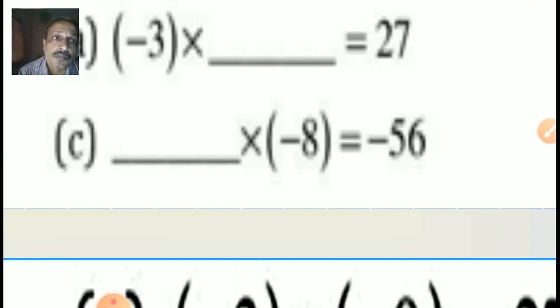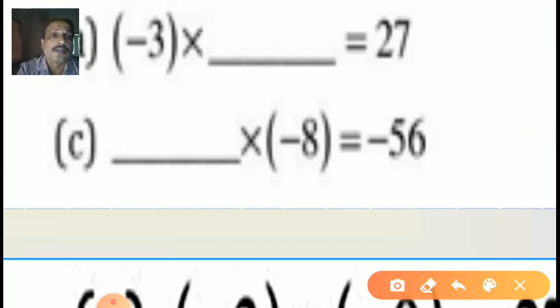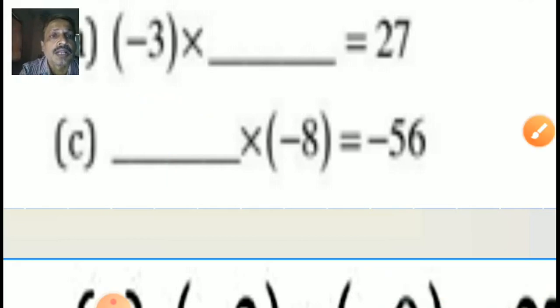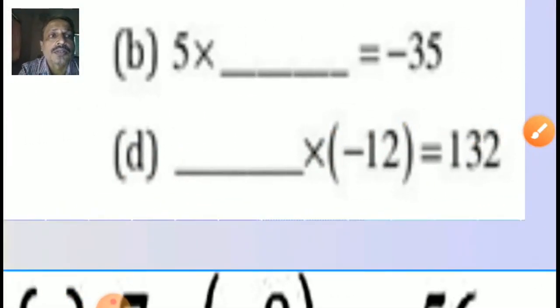In the 8 table you have to count up to 56. Yes, 8 sevens are 56. You are right. See, on the left side, one number is positive, one number is negative. The answer is negative, so no need to change any sign. 7 is the answer.